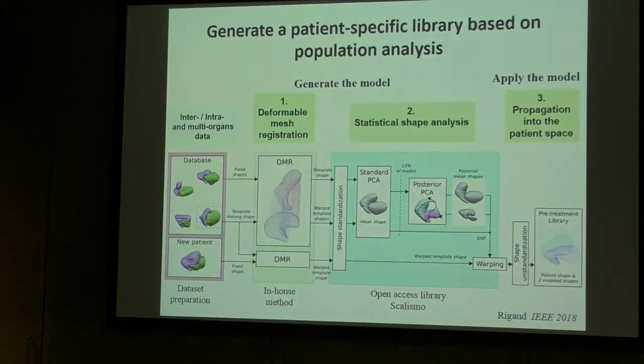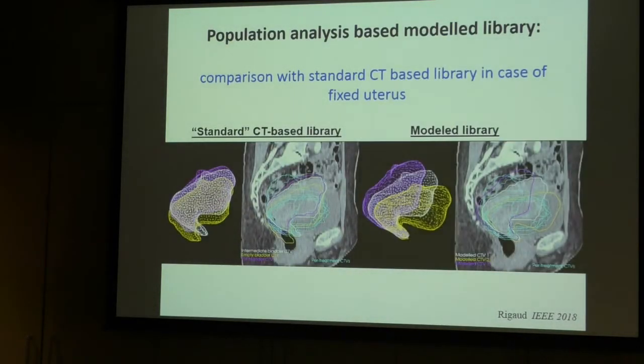It's quite a complex approach, based on a population approach, analyzing all the anatomy, and being able, for a given patient, to look at the anatomical variation. We were able, again for a given patient, to predict the uterus position and to generate this anatomy.